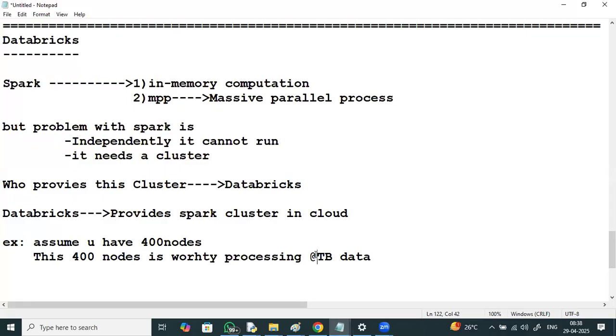Just now I was talking about master and slave, that is, the driver and the worker nodes. So if you have 400 nodes, they can process 2 TB of data at a time.